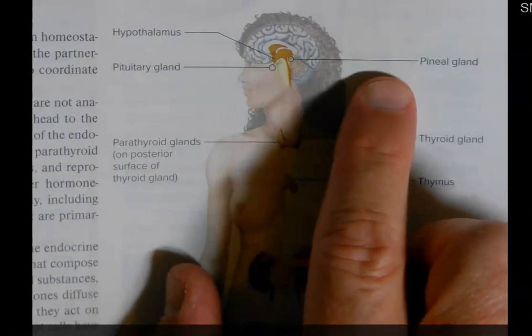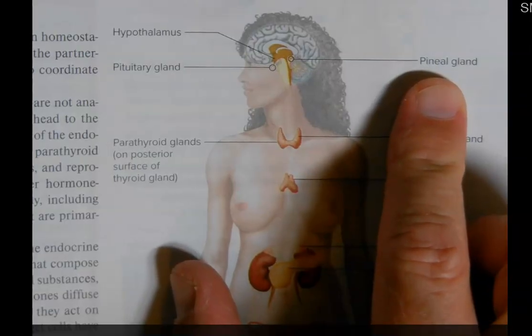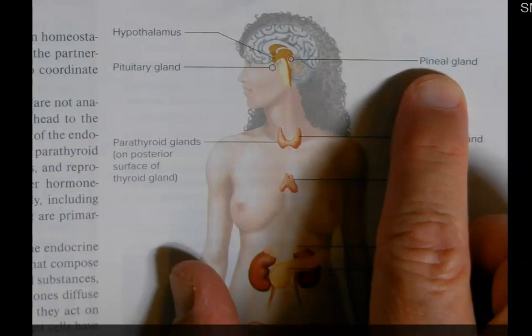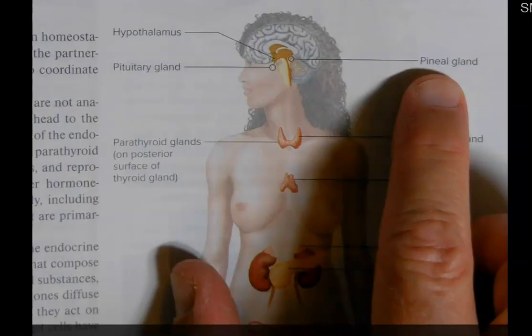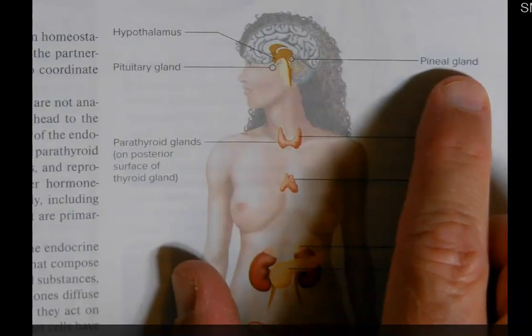And then we have, I was taught to pronounce this, pineal gland because of its resemblance to a pine cone. Some people call it the pineal gland, and I think if you're on the ebook and click on this word, you can get it to pronounce it, and I think it will pronounce it pineal.